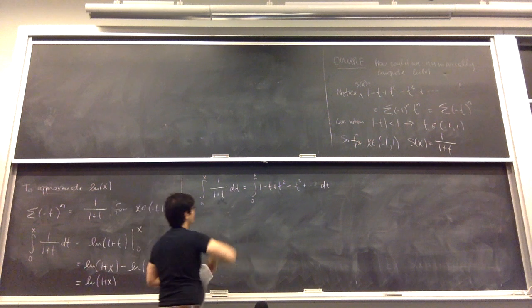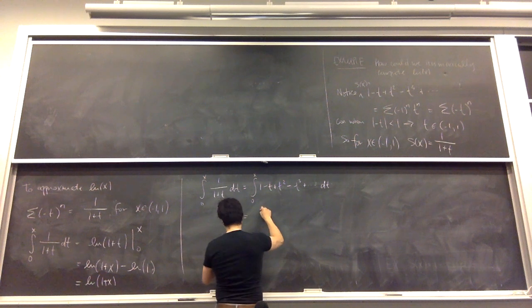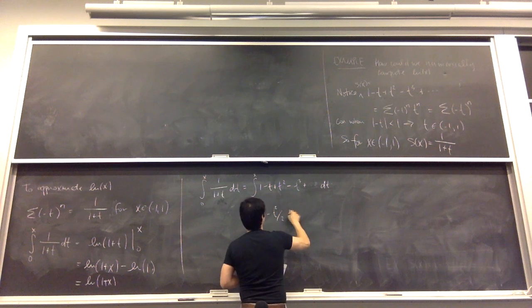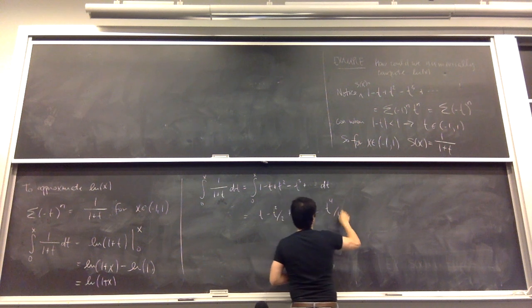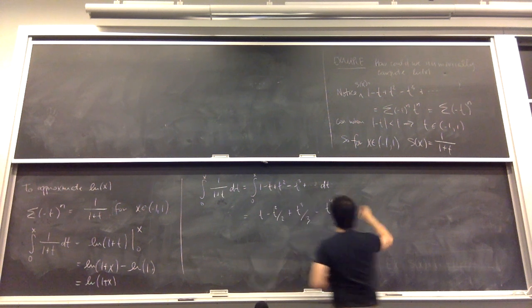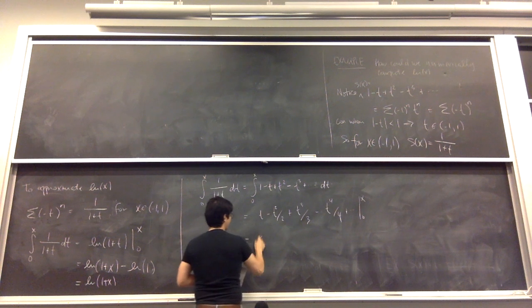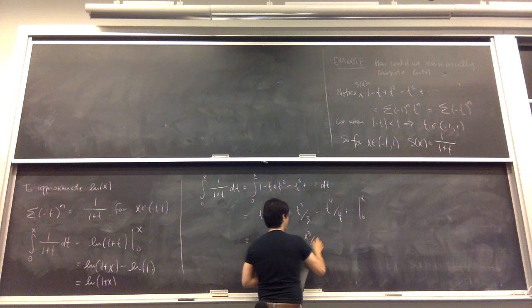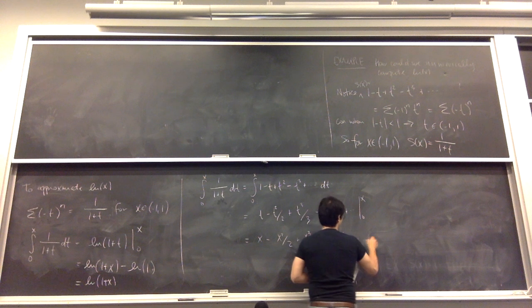So these two integrals are equal. Well, I can also work this out. This is going to go to what? t minus t squared over 2 plus t cubed over 3 minus t fourth over 4 and so on. We're going to have to take that from 0 to x, which ends up working out to x minus x squared over 2 plus x cubed over 3 minus x fourth over 4, and so on.